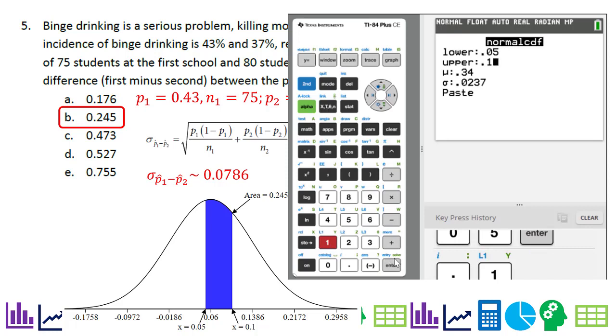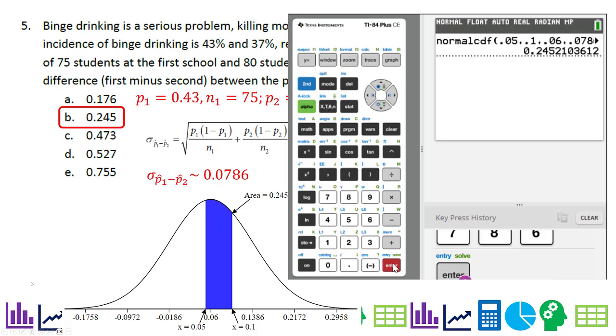Just an FYI. So if you ever get a negative value, that's what's going on. The mean difference between the two proportions is 0.06, and our standard deviation is 0.0786. Hit enter. And it matches our answer from Stapplet, 0.245.